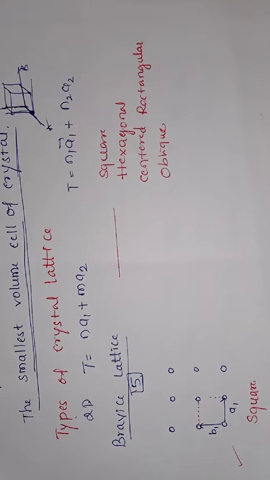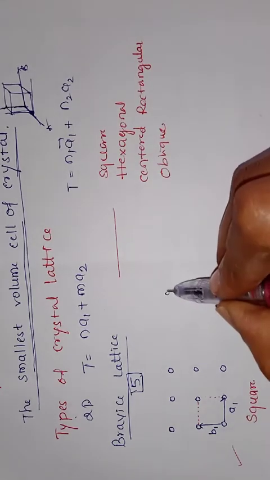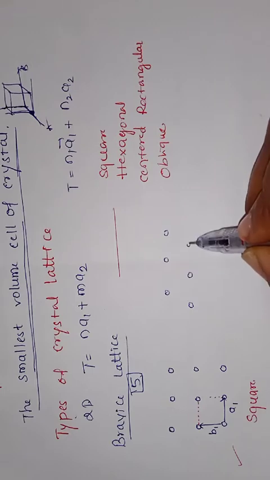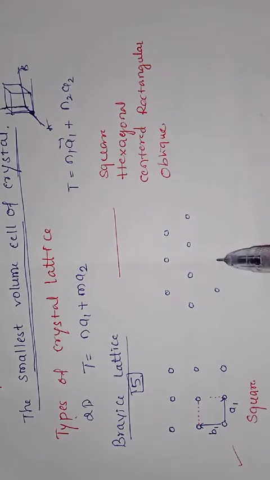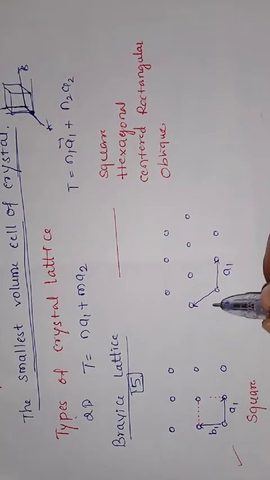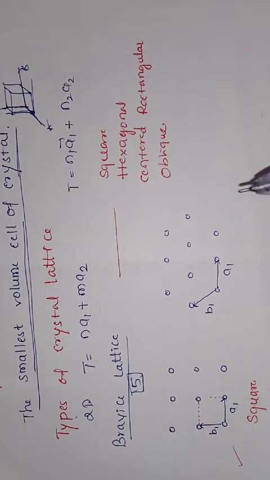Then the second one is hexagonal. How can we draw this? We can draw it like this. These are the lattice points. Here is one vector A1 and here is the other, B1.